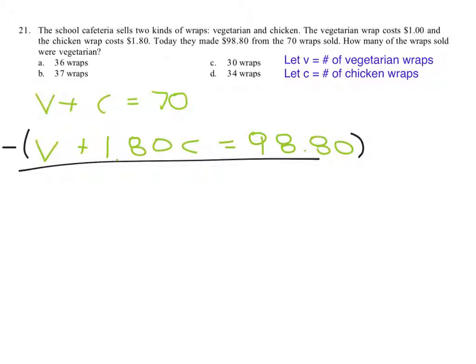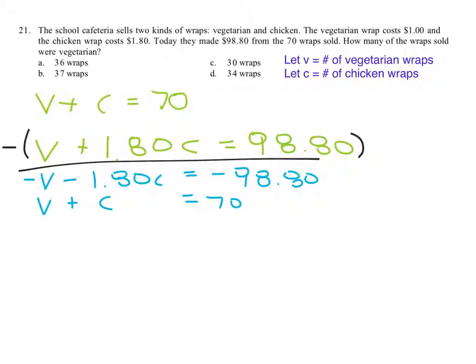I'm going to write, let's choose a different color, the second equation now with the negatives: minus 1.80C equals negative 98.80. Just to rewrite it now that it has negatives. And then I'm going to write V plus C equals 70.